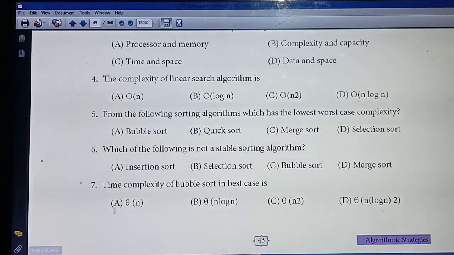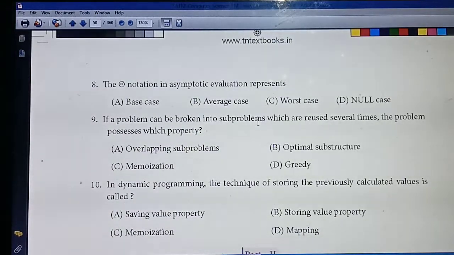Seventh question answer is option A, theta of N. Then the eighth question answer is option B, average case. Then the ninth question answer is option A, overlapping subproblems. Then the 10th question answer is option C, memoization.